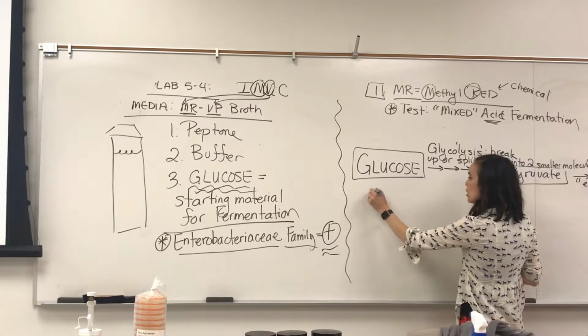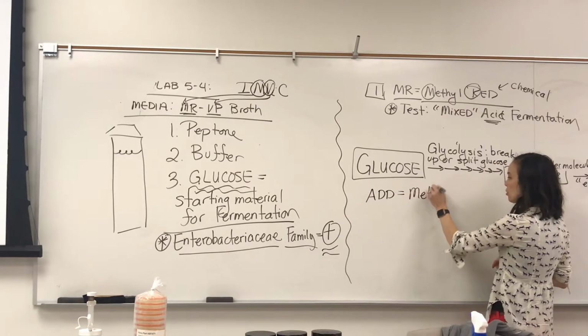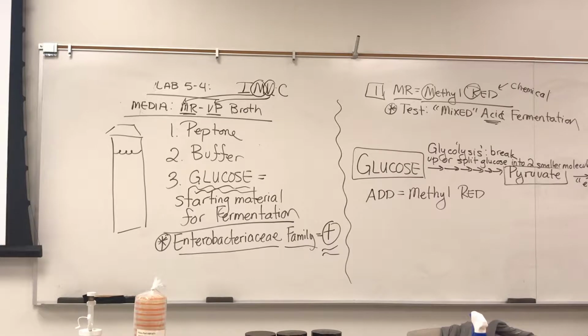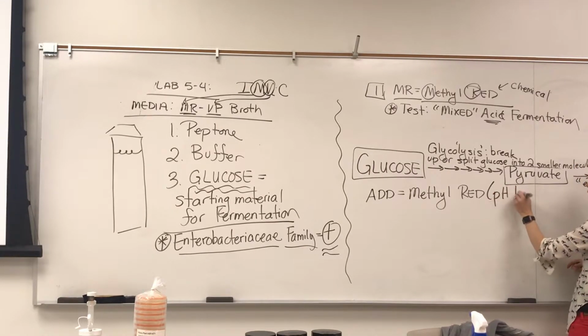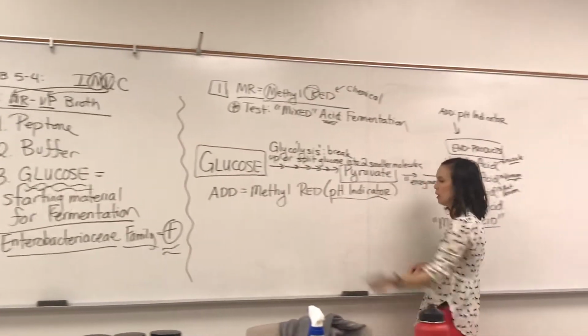The chemical that you are going to add is called methyl red. That's a little confusing because they name the test after the chemical that you added. But methyl red is going to be your pH indicator. We're going to drop some of that in there.